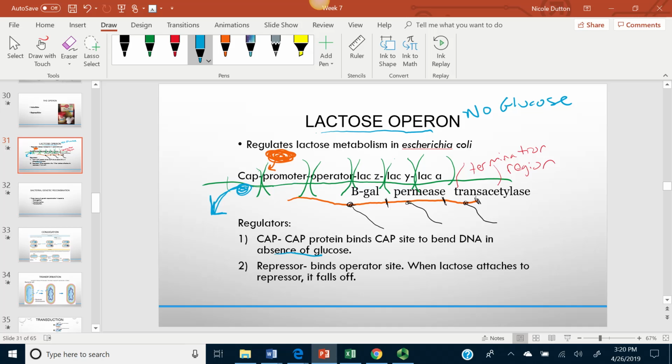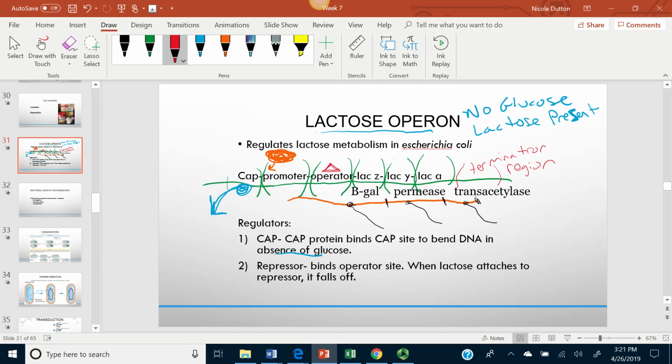But there's another thing that has to happen. There has to be lactose. Why are you going to try to digest lactose when there's no lactose anywhere to be found? That would be crazy. So there's a repressor that sits in this location.